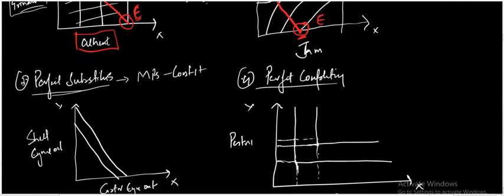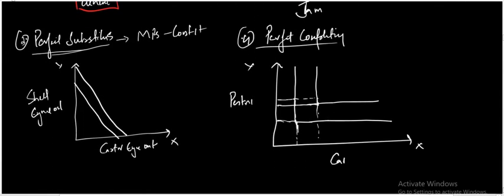Now in case of the perfect substitutes, things change a bit. Say for example, I'll draw a budget line like this. Now suppose the consumer is not convinced by the advertisements of Castrol, and he is very much convinced by the advertisements that Shell is making.